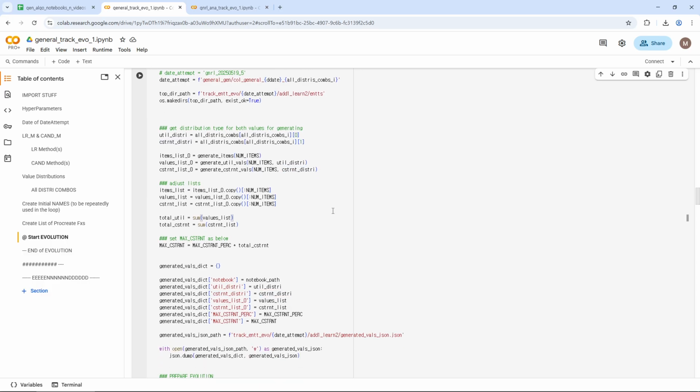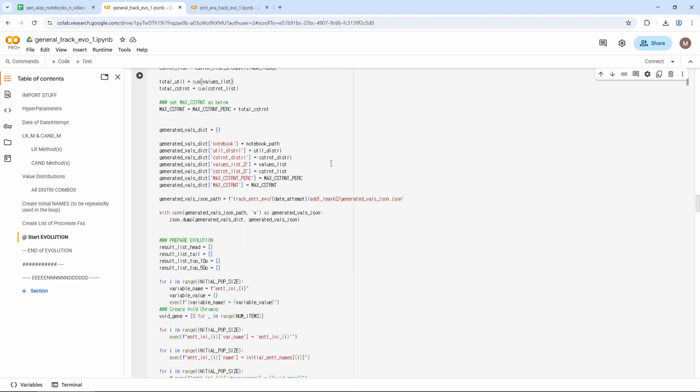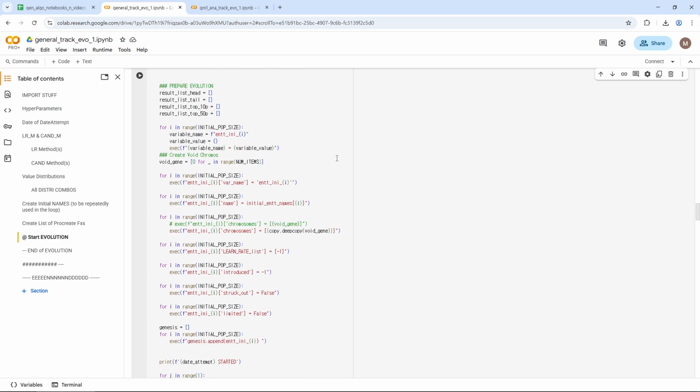That's also one of the things that I had to add to the features. And then when the items and their respective values are set, the max constraint is set within the loop. Yeah, that's about it. Let me just take some water.